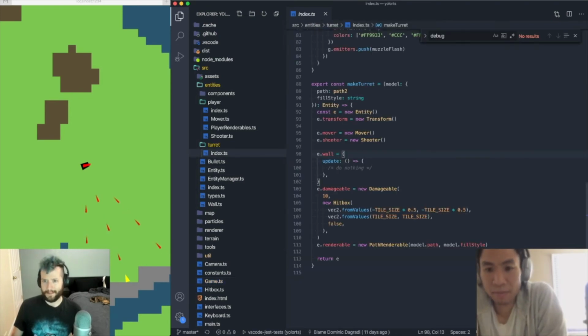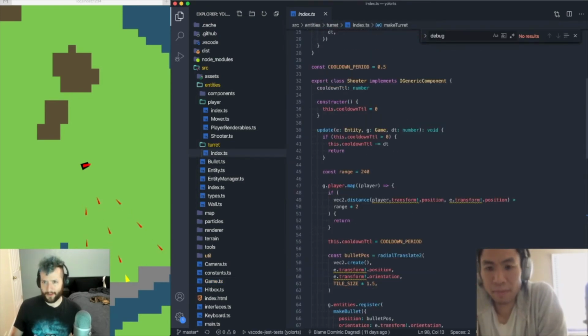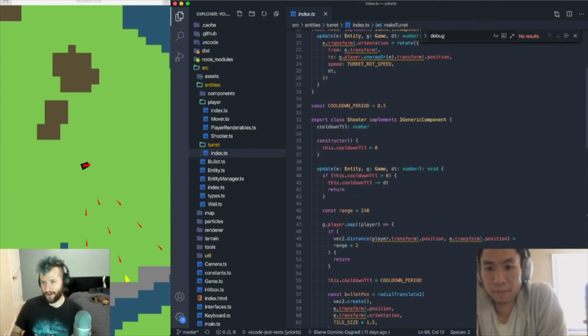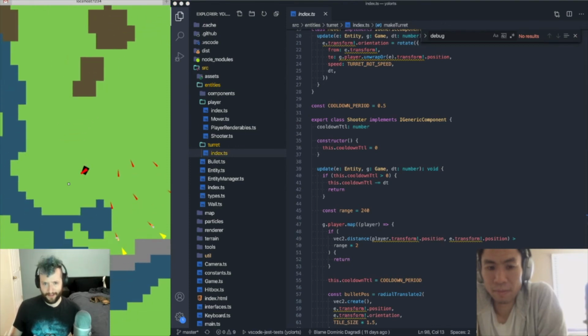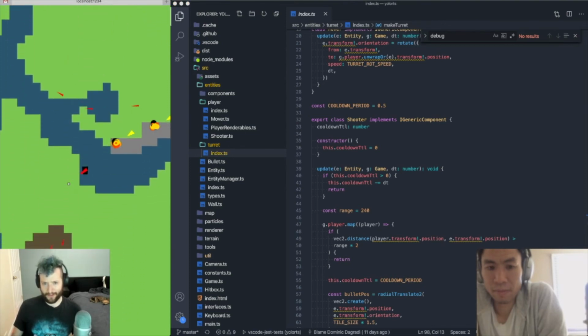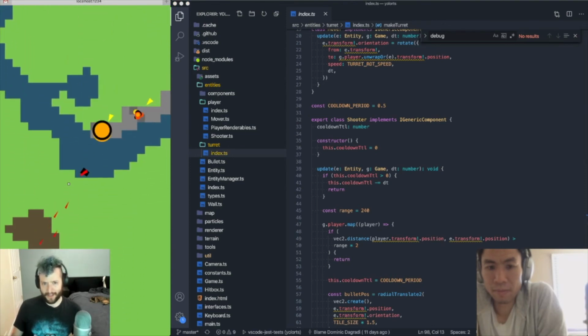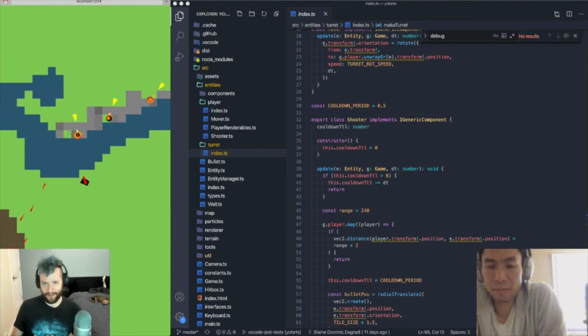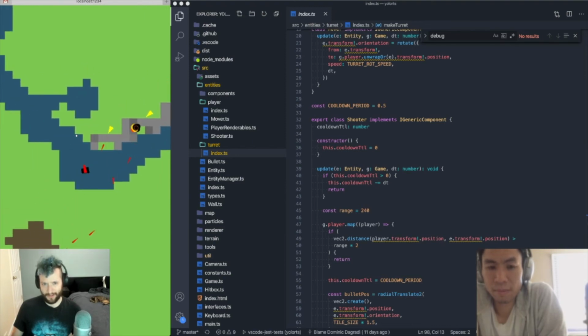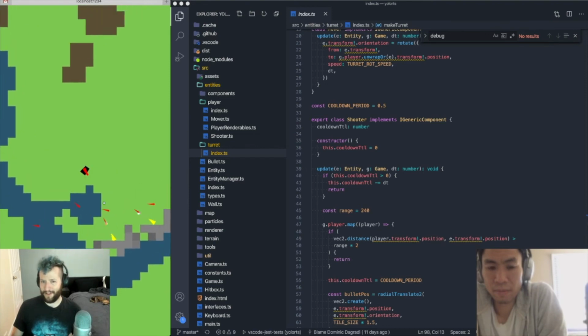So for our shooter, we're going to shoot an invisible ray at the player and see if we hit it. In this case, we want to shoot the same ray at the player, but if we hit something else, we're going to see if anything is between us and the player, essentially.